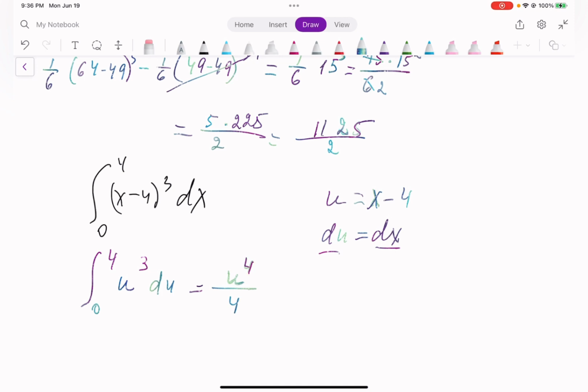Based on our well-known formula, the integral of x to the power n dx is x to the power n plus 1 over n plus 1. And this is going to be on the interval 0 and 4. Okay, let's solve it.